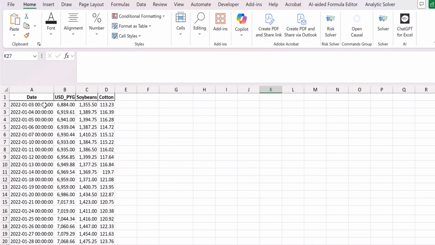I used daily data with perfectly aligned trading dates, and I estimated a simple linear regression model in which the dependent variable, the Y variable, is the USD PYG exchange rate, and the independent variable, or X, is the international soybean price.